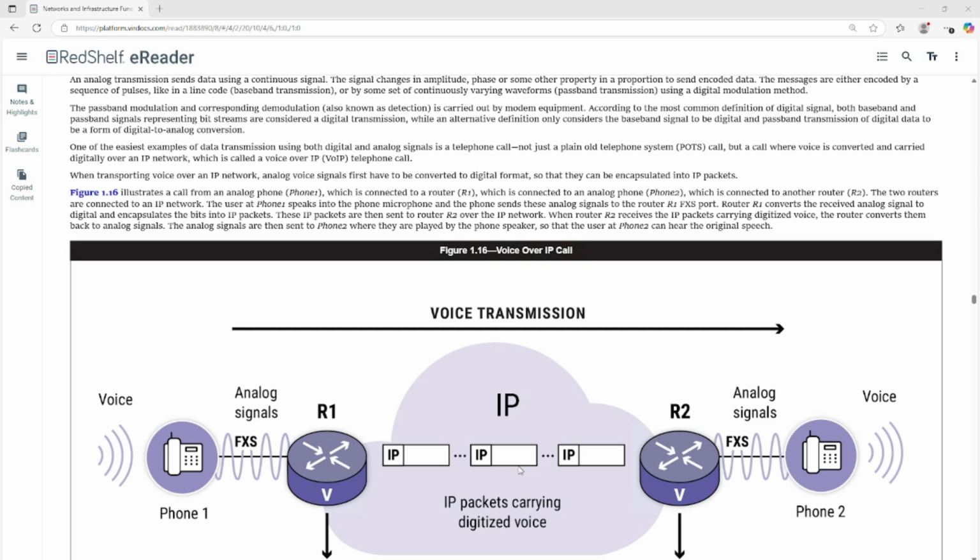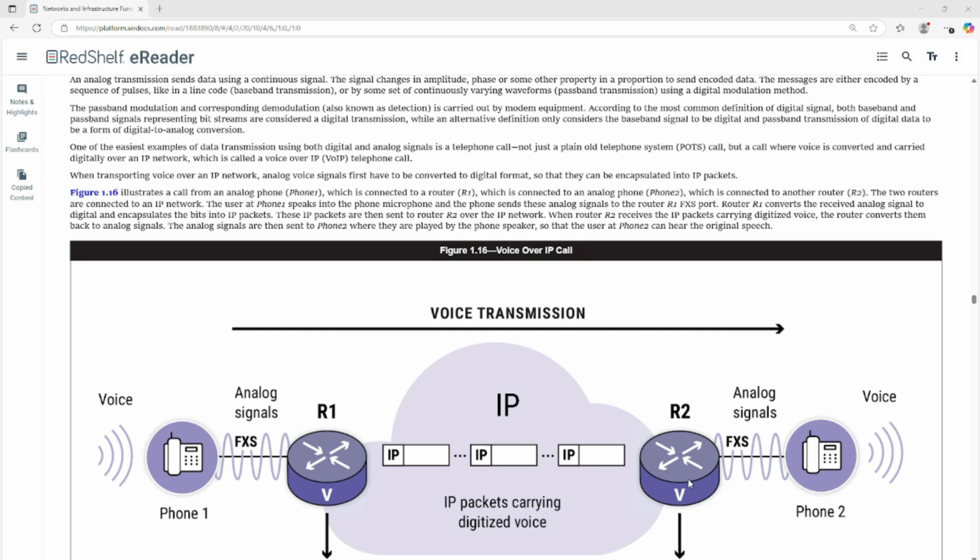That's the data. Then it puts an IP address on it and encapsulates the bits into IP packets. It puts a header, which is an IP address to the destination. These IP packets are then sent to router 2 over the internet.